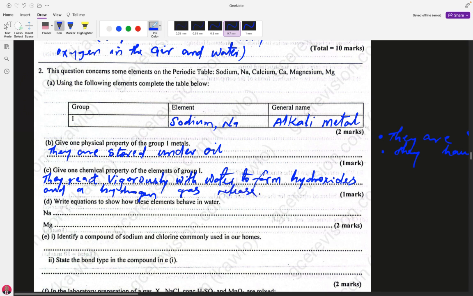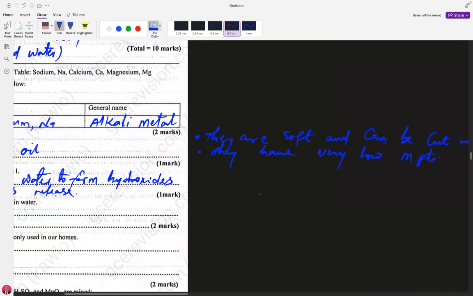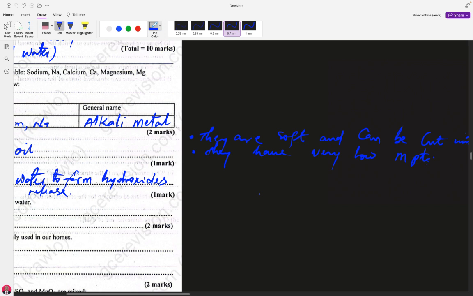Now, in that case, you don't require to write an equation. But if you were writing the A levels, I would recommend that you write the equation for it.